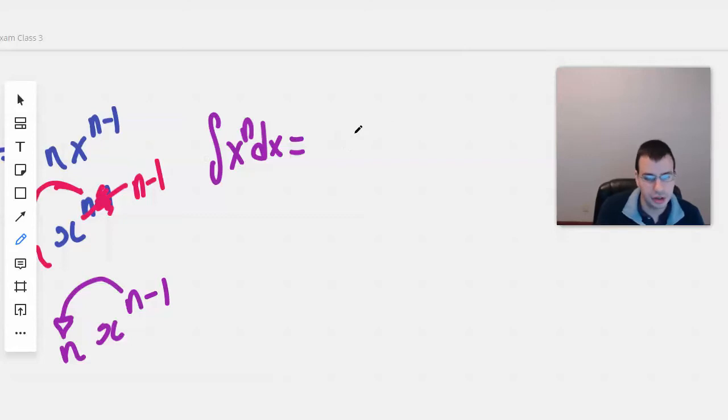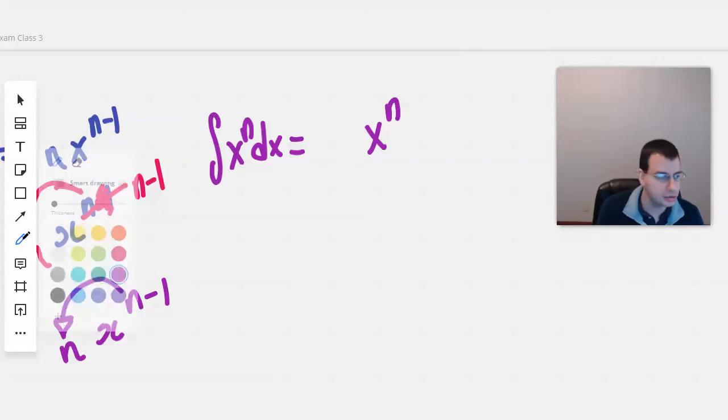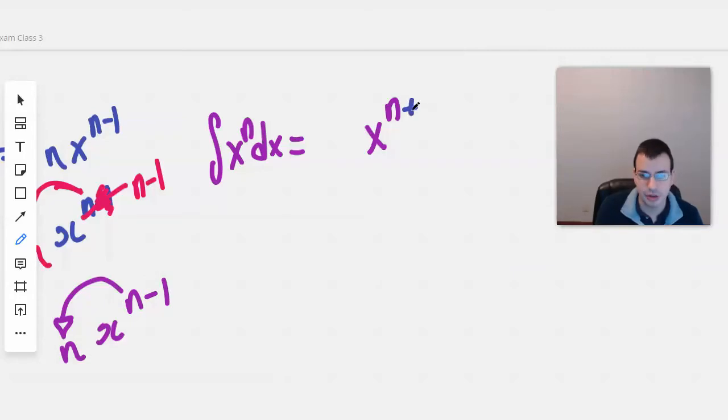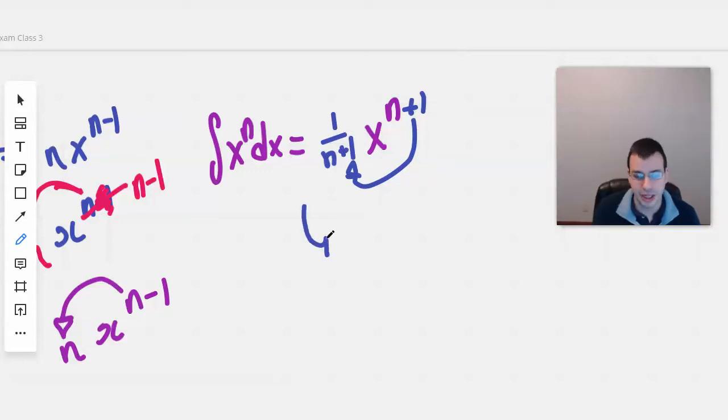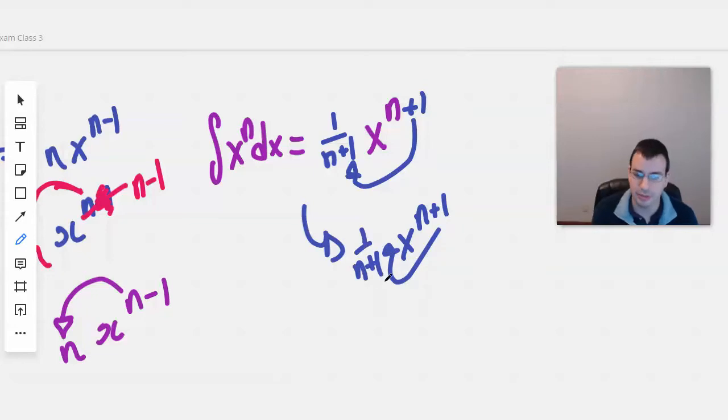So then what I do is take your x to the n, and then I mentally add 1 to it. And then instead of going up the top, this time I go down. So 1 over n plus 1. So the first step is you take your x to the n, you bump it up 1, and then you move it under, so 1 over n plus 1.